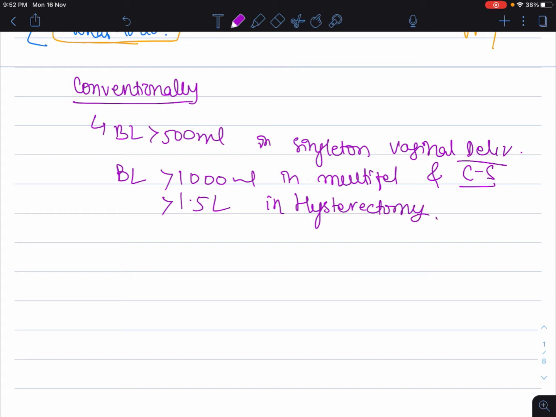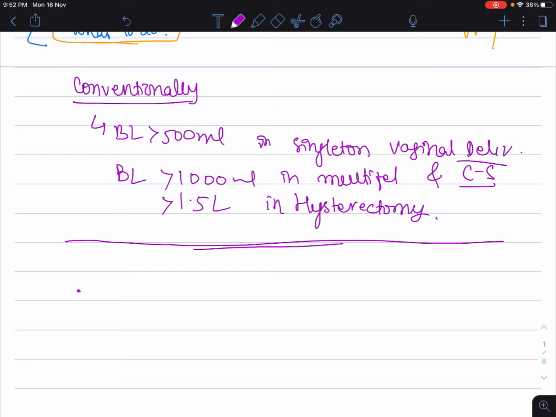But now this is not the definition we deal with. Why? Because you can't measure the amount of blood loss that is taking place in such a crucial moment. Like, how do you measure it? So we now go by visual estimation, or a much more thorough, reliable method, that is the clinical estimation.